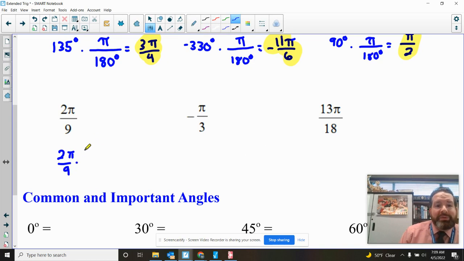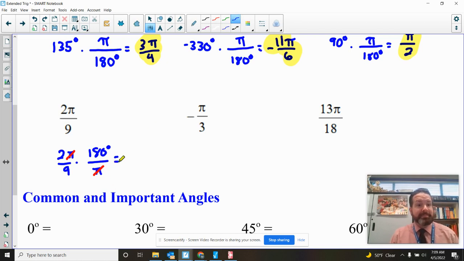So if I want to end with degrees, then I want the 180 degrees to be on the top of the fraction. What will happen is the pi's are going to reduce, and that will happen every time. And then just take your calculator. Do 2 times 180 divided by 9. Okay, so 2 pi over 9 is the same angle as 40 degrees.